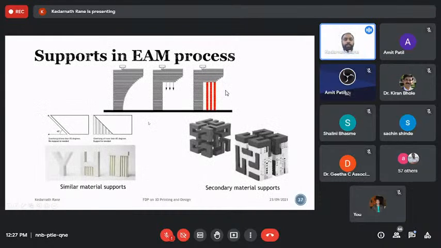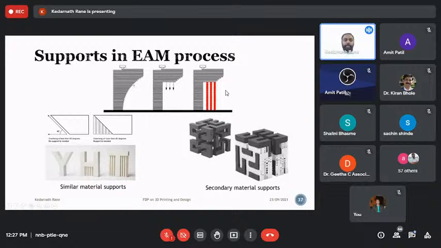When it comes to the stability of the part, there is one important aspect that you need to consider. Unlike other additive manufacturing processes, where they believe there is no need for support structure, in EAM you inherently require a support.